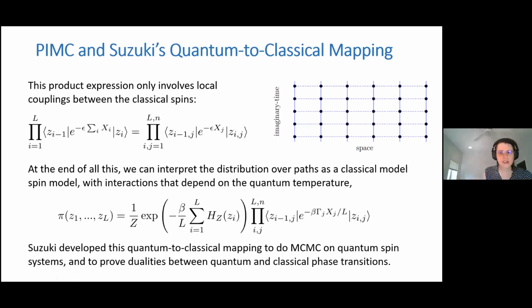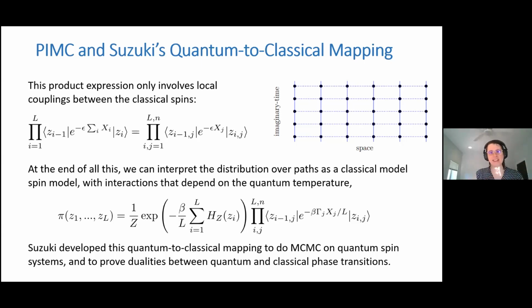The main thing I want to say is that at the end of the day, if you start with one of these quantum transverse Ising models, you expand it out into a classical Ising model with non-trivial interactions in one higher dimension.